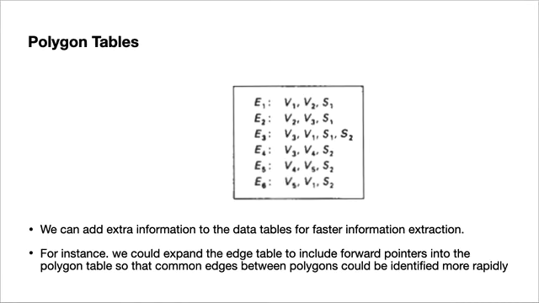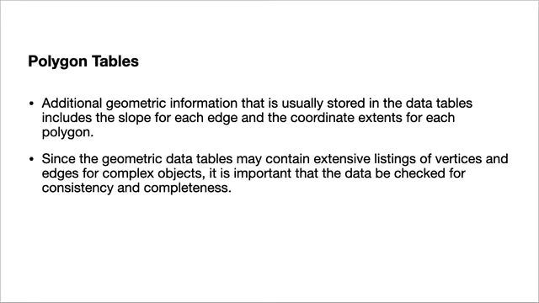So it will be easier to identify which are the edges that connect two surfaces. For that you can even add extra information to this data table. Similarly, you can do many other expansions on these data tables.